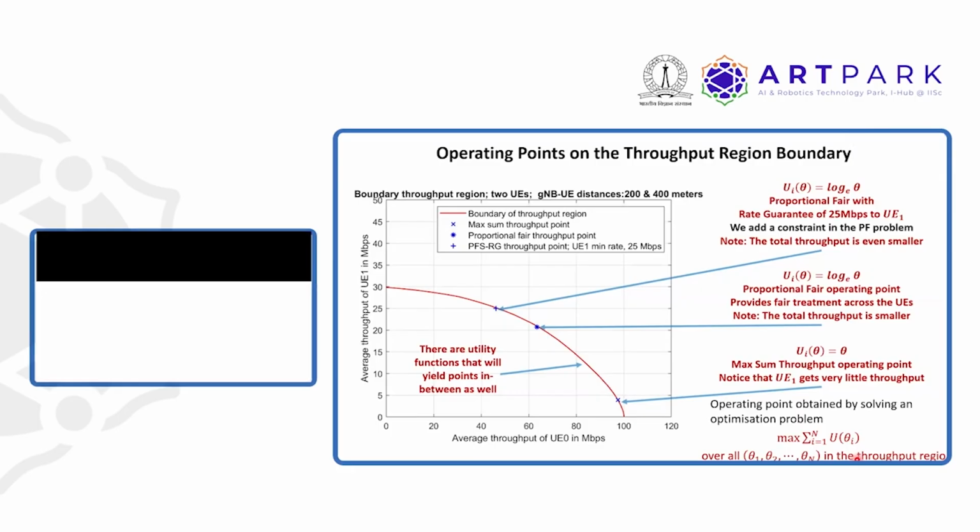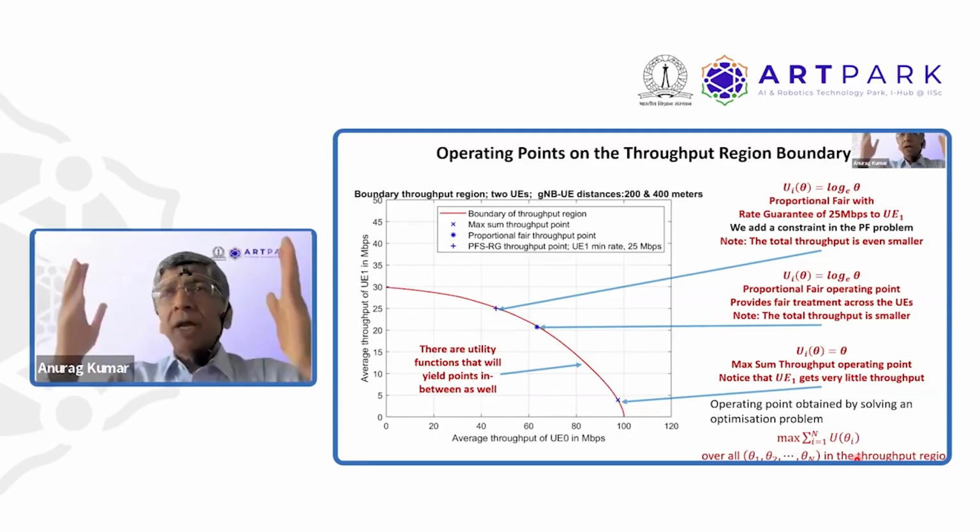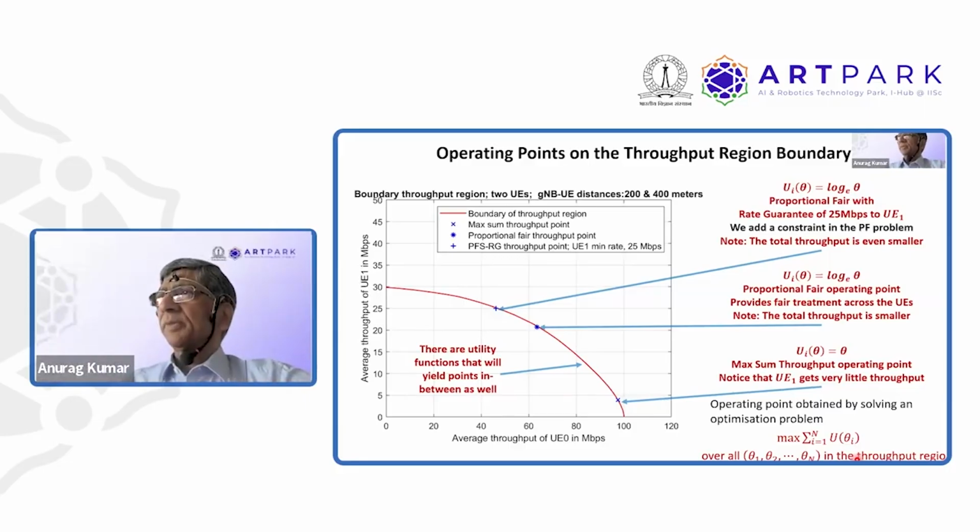Throughput is really a soft quality of service because throughput is a long-term measure. It says that over 2000 slots give the person 20 Mbps. It doesn't say that in every slot give 20 Mbps. That would be a hard quality of service. Pure throughput is over 2000 slots give 20 Mbps.